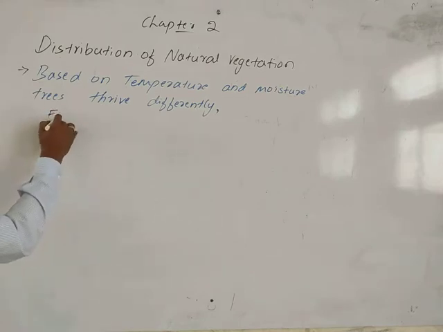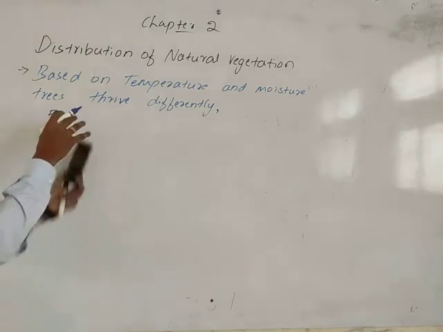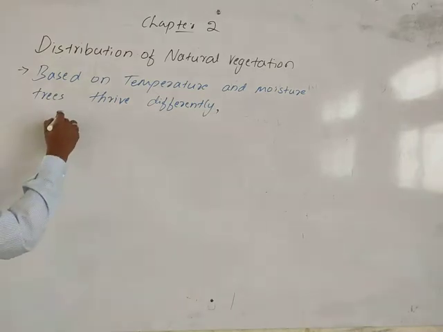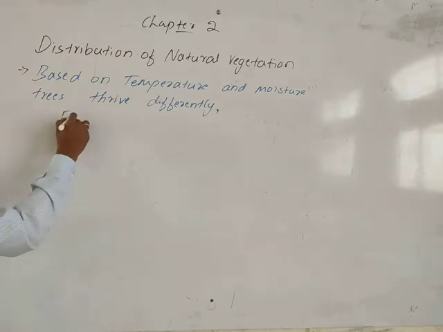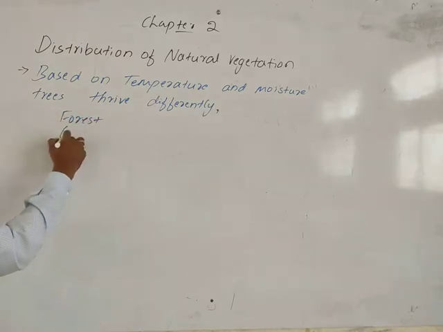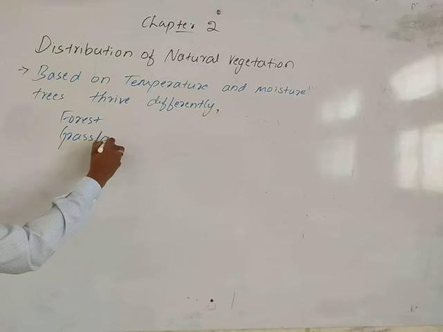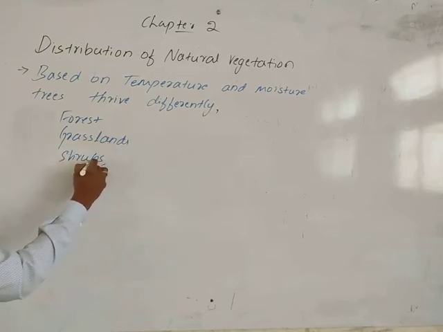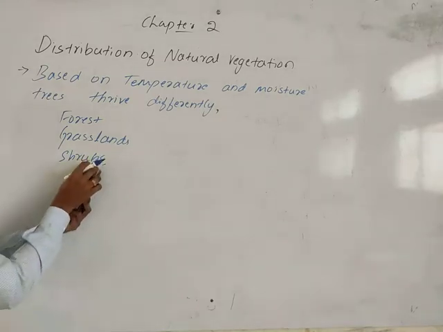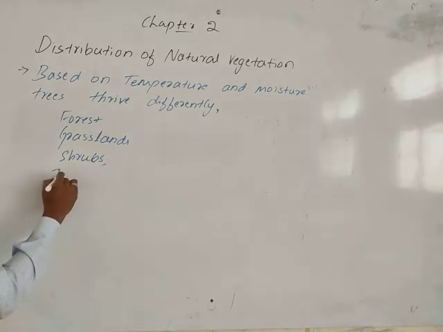We have these types: forest, grasslands, shrubs, and tundra vegetation.